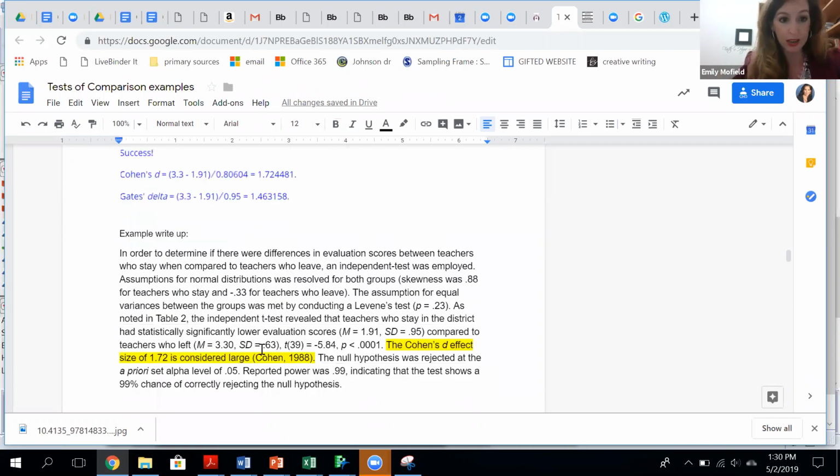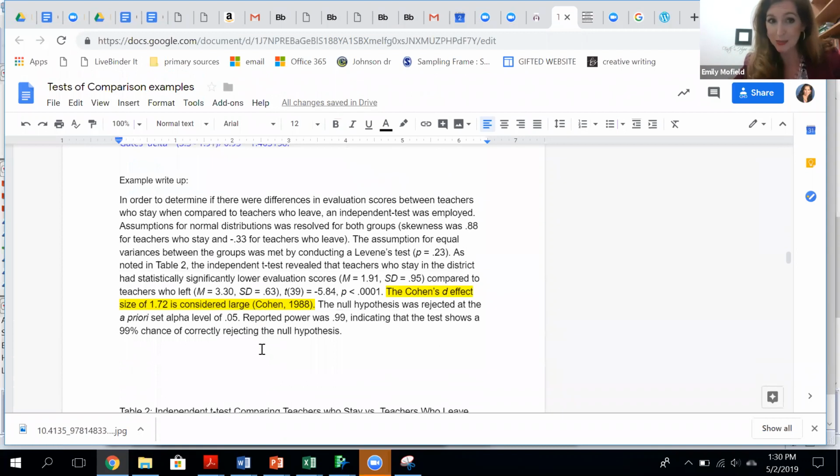So when I write this up for homework assignments, you would report skewness, and then you would report kurtosis if skewness was not between -1 and 1. You report that you ran a Levene's test and the assumption for equal variances was met, so you report the p-value.